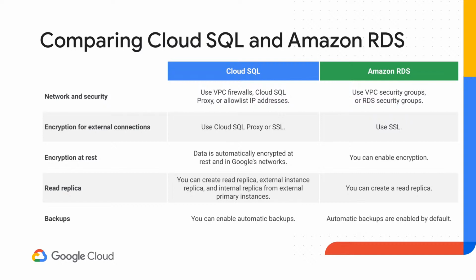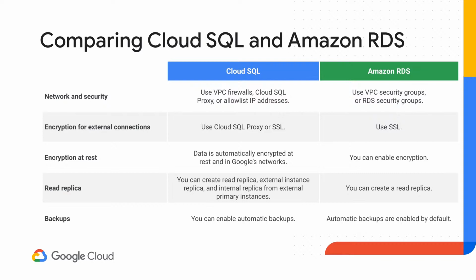In Amazon RDS, you can enable encryption of data at rest. In Cloud SQL, customer data is encrypted by default when on Google's internal network and when it's stored in database tables, temporary files, and backups. You can create a read replica in Amazon RDS. In Cloud SQL for MySQL, you can create a read replica of an SQL instance.